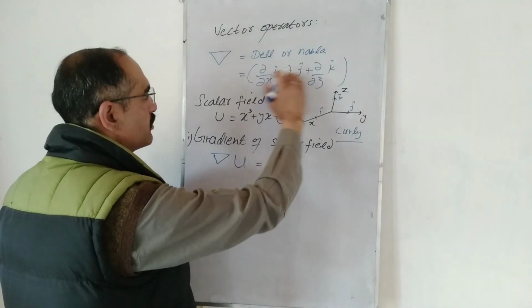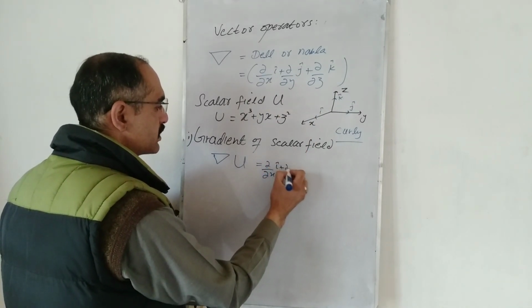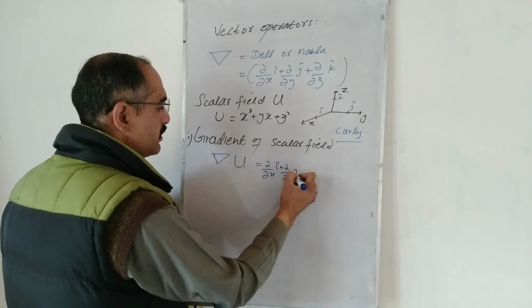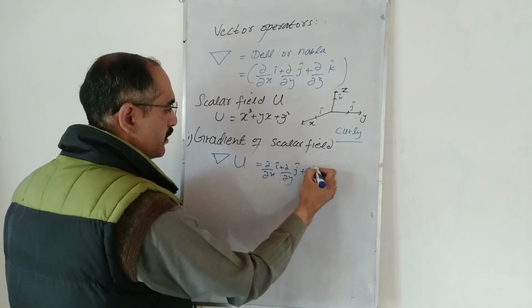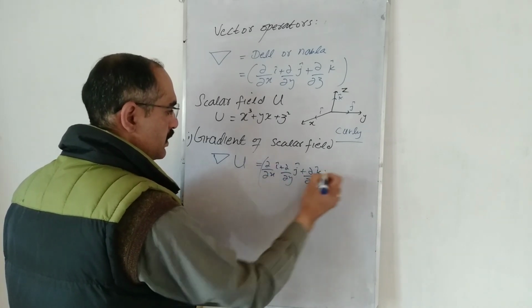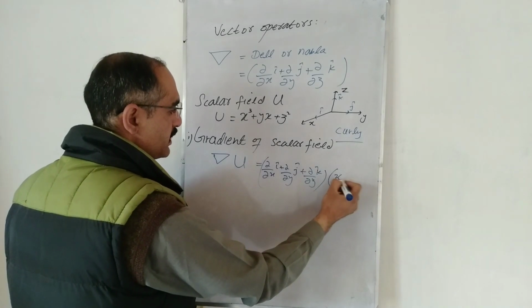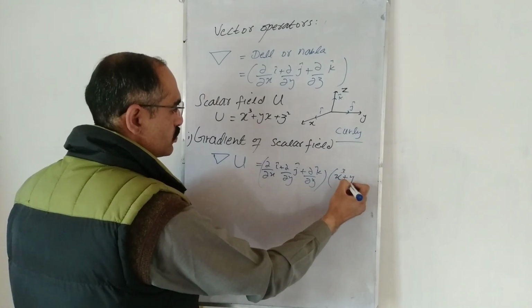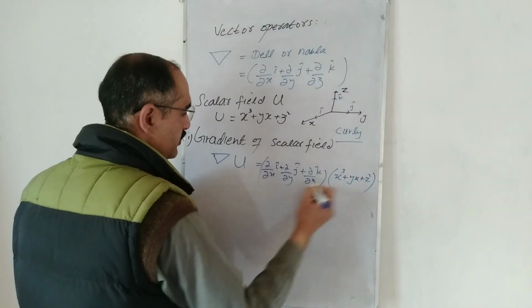This del was equal to ∂/∂x i cap plus ∂/∂y j cap plus ∂/∂z k cap, applied on this scalar field, that is x cube plus yx plus z square.